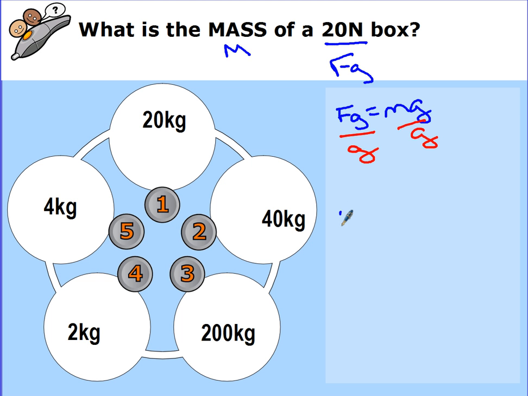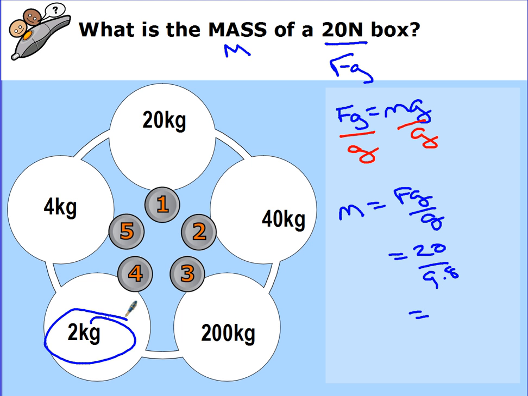So the mass is Fg divided by g. So that's 20 divided by 9.8, or let's see, around 2 kilograms. Slightly over 2.1 kilograms? 2.2.